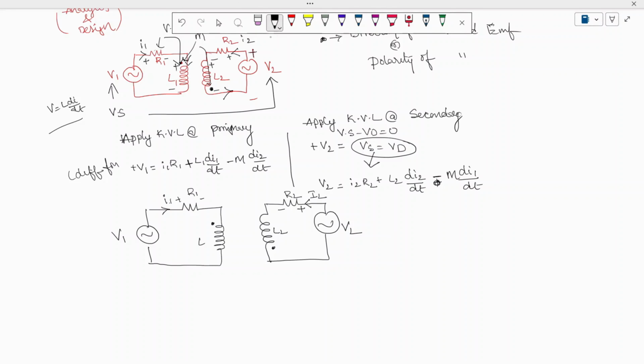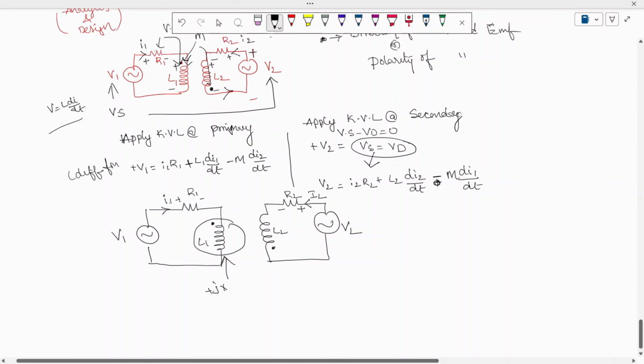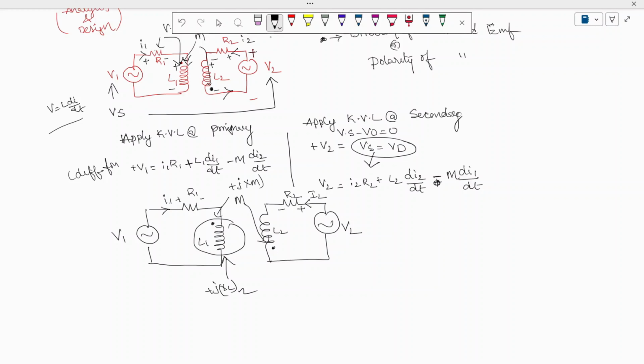So this is L1. I am going to write L1 in the form of ohms, called plus j XL ohms. And here the mutual inductance M is there. This I also write as plus j XM ohms.